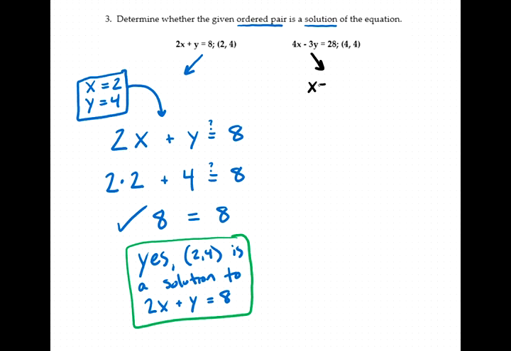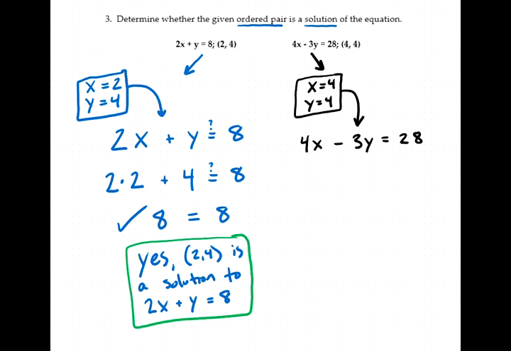Well, x is equal to 4, y is equal to 4. That's the point, or the ordered pair, 4 comma 4. And let's plug this into the given equation. 4 times x minus 3 times y is equal to 28.